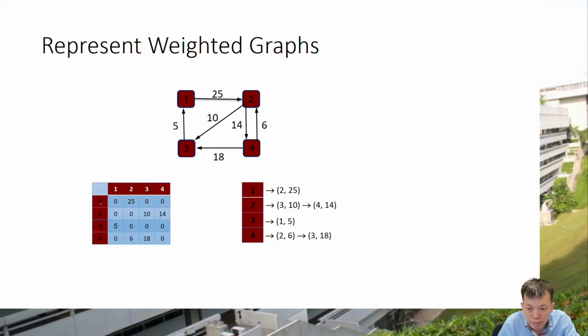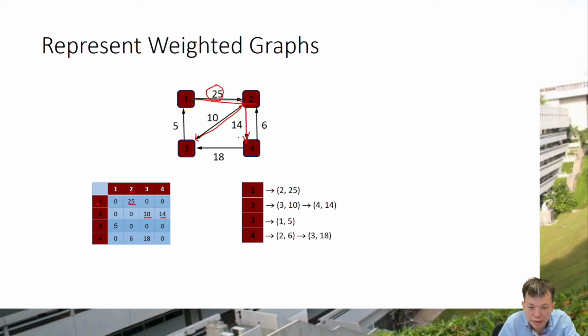So from 1 to 2, there's a weight 25, so I put 25 here. Then 2 to 3 is 10, 2 to 4 is 14.